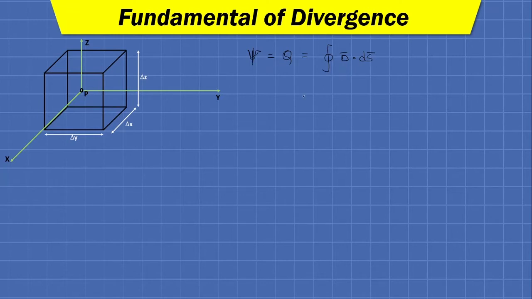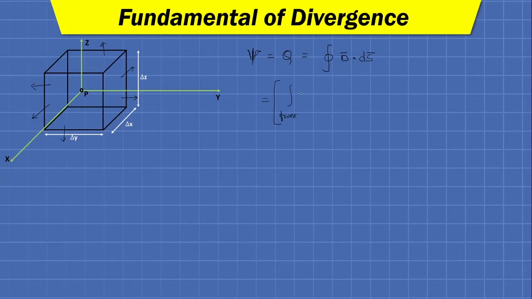For our case, we can divide this closed surface integration into 6 parts because we have 6 surfaces: the top surface, bottom surface, right hand surface, left hand surface, front surface, and back surface. So we can break this closed integration into 6 parts, taking the integration over each surface individually.